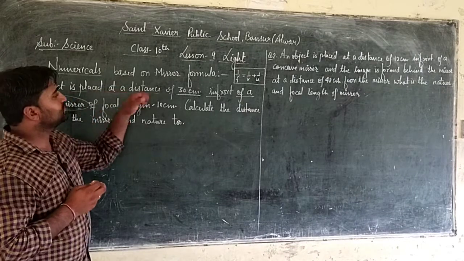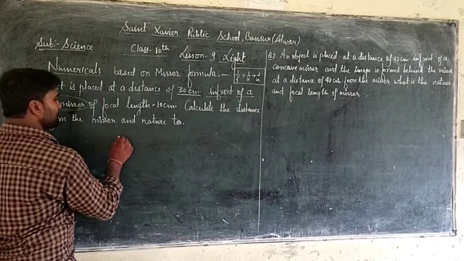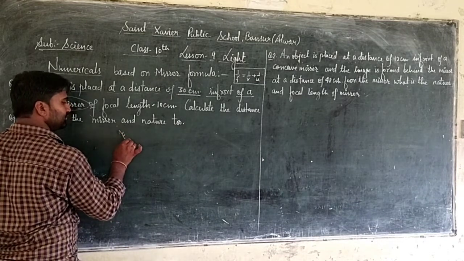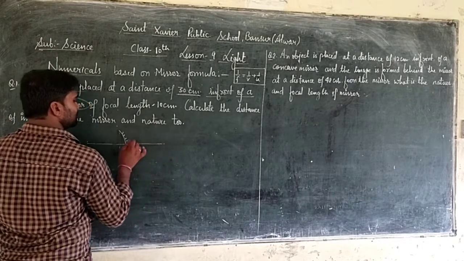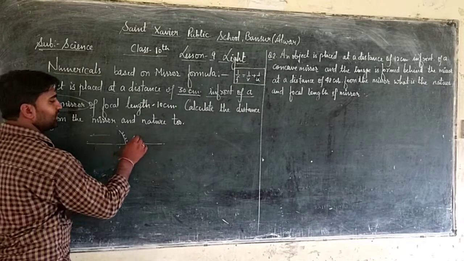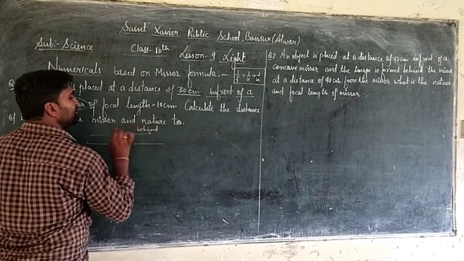So at a distance of 30 centimeter in front of a concave mirror, I am going to draw this. This is a concave mirror. This direction is the front direction, in front of the mirror, and this direction is the behind direction, the back side you can say.